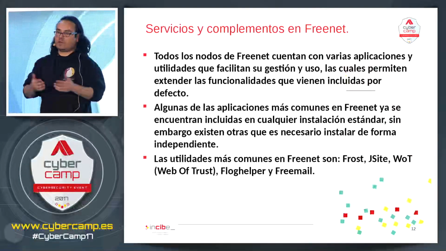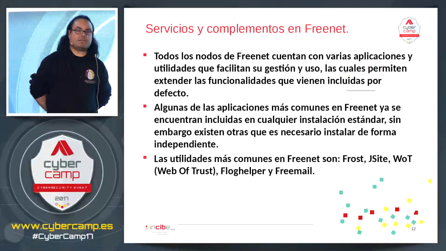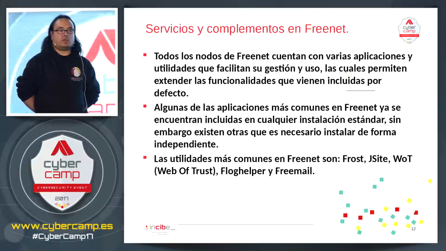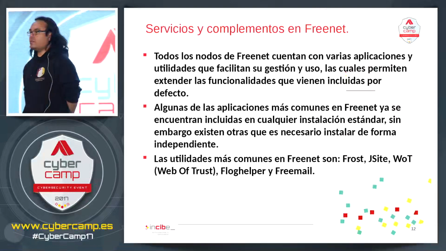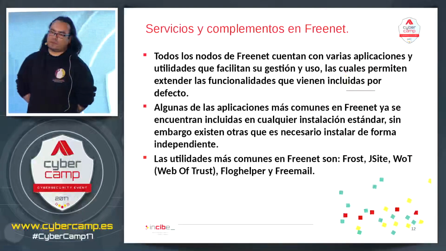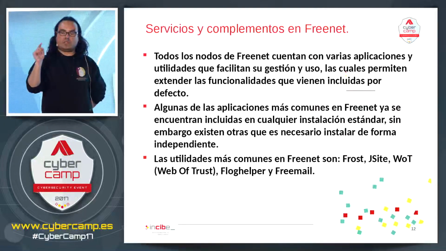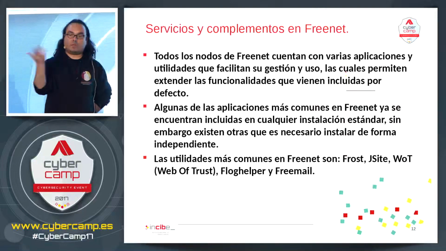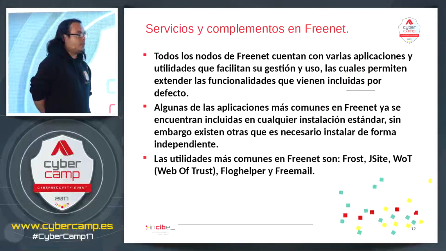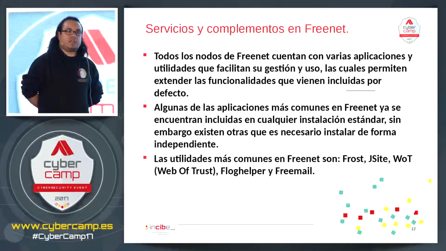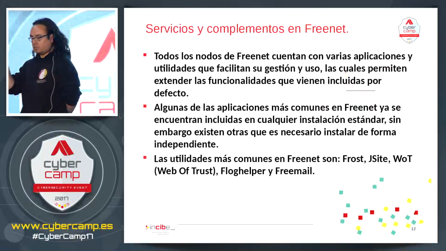And when we work with Freenet, one of the most important applications we have is F-Proxy. F-Proxy is an application that serves on port 8282, and we can access it through the browser.